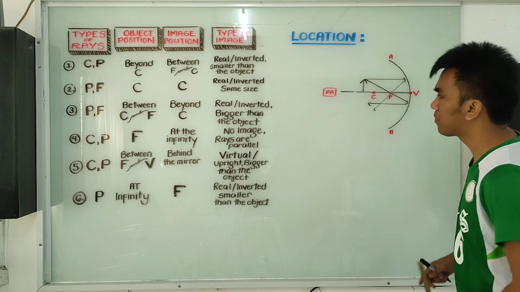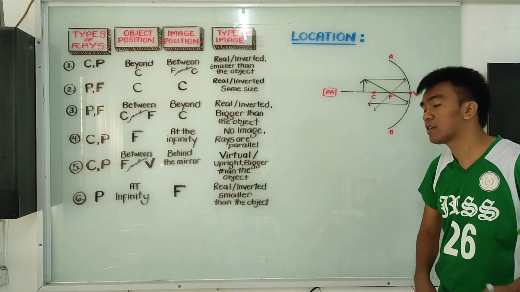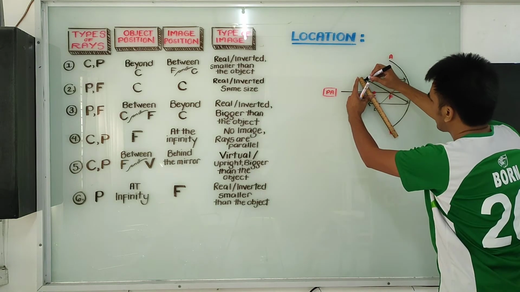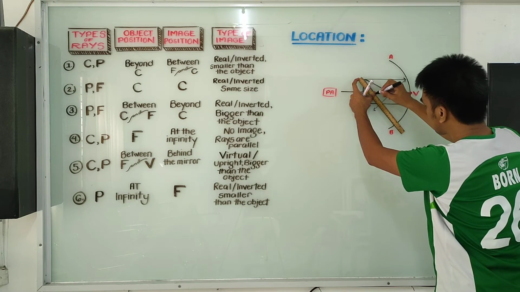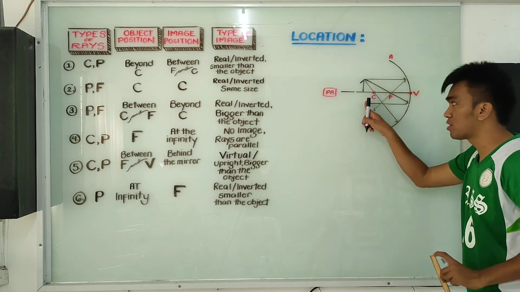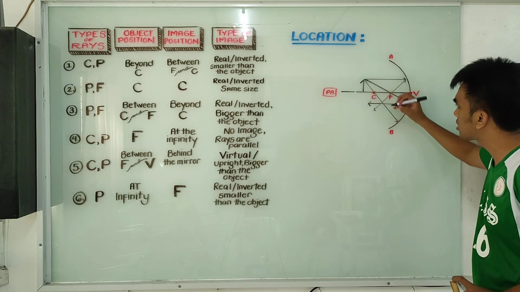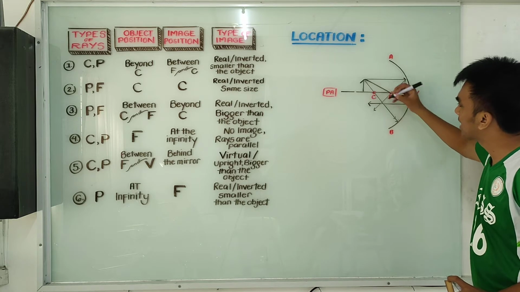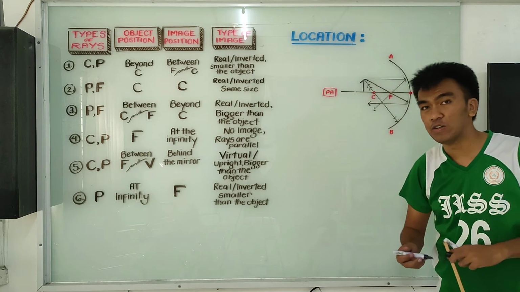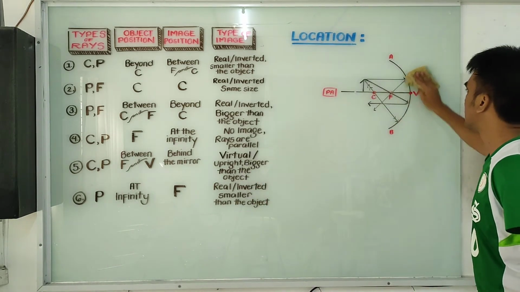And the last type of ray, the third rule, is the chief ray. It states that any ray passing through the center of curvature, this is the center of curvature, will reflect back through the center of curvature. So this is just a review.